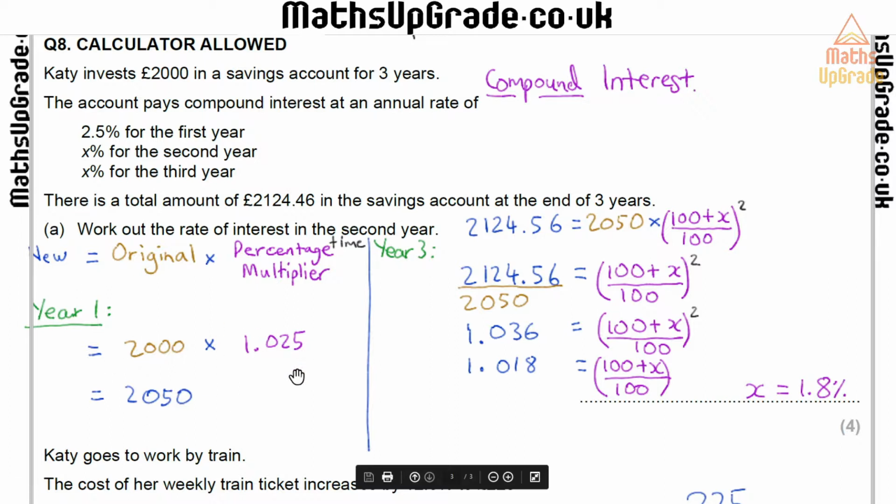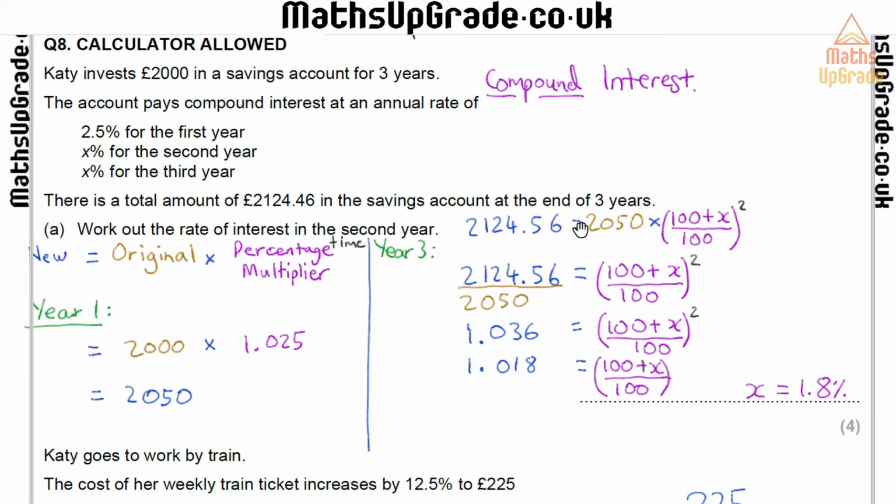That's fairly straightforward. But in year 2 and year 3, I've got an interest multiplier here, which has been applied twice, and I need to find this. I need to find this interest rate. The interest rate, since it's a percentage, I've set it up like this. I'm told that the amount in the savings account at the end of the 3 years is £2,124.